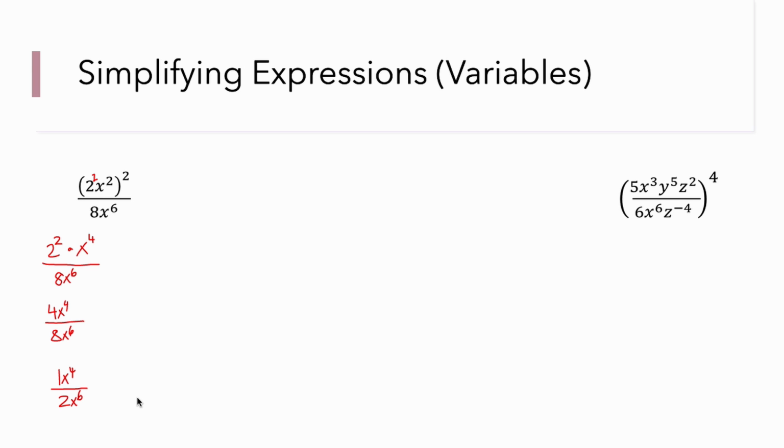Now, if you're thinking you're done here, you would be incorrect, because x to the 4th can be divided by x to the 6th. They have the same base. So we can write this as x to the power of 4 minus 6, which is x to the negative 2. So this is equal to x to the power of negative 2 over 2.